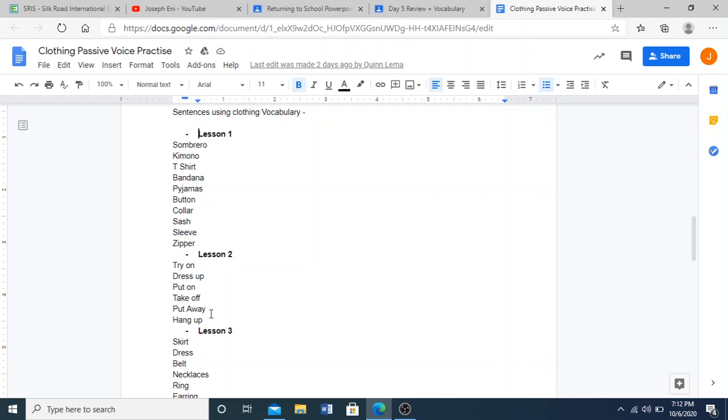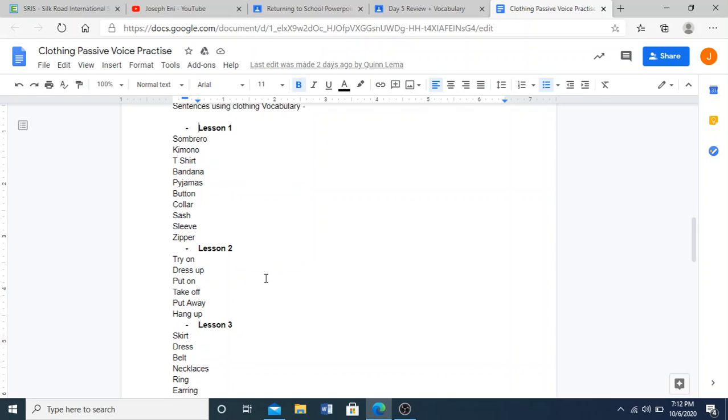So the phrasal verbs in lesson two include try on, dress up, put on, take off, put away, and hang up. So go to lesson two, the work that we did, and make the corrections that are necessary.